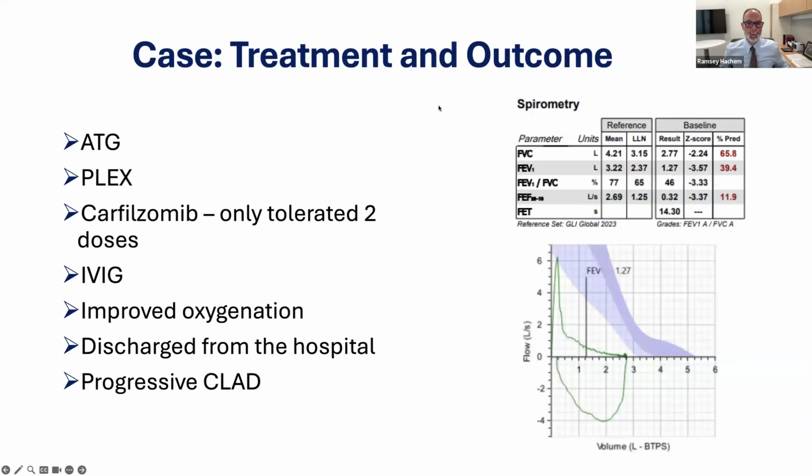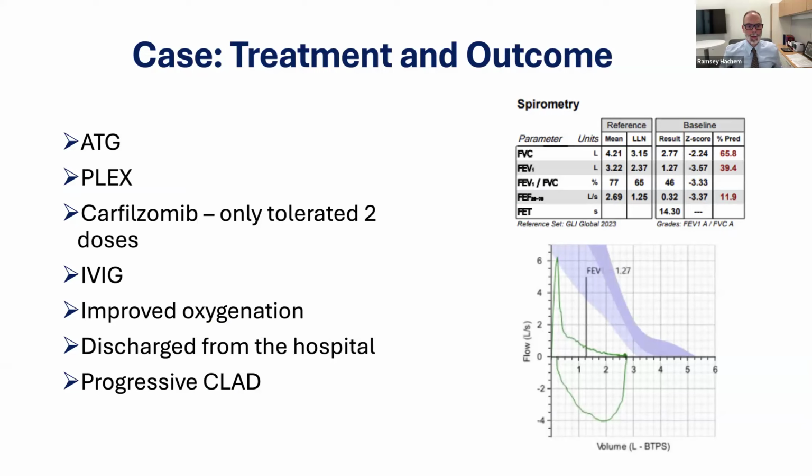So in terms of treatment, when a diagnosis was made, and the subsequent outcome, the patient was treated with a combination of therapies, as is often done at most centers. The patient was treated with a course of antithymocyte globulin, as well as plasma exchange.